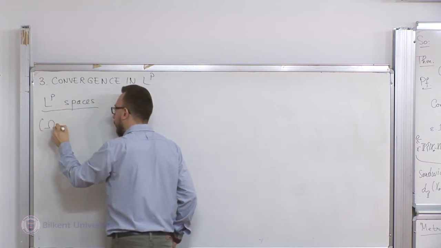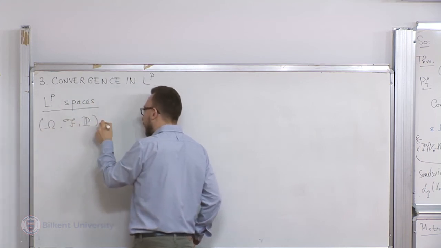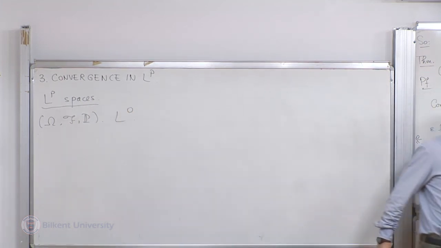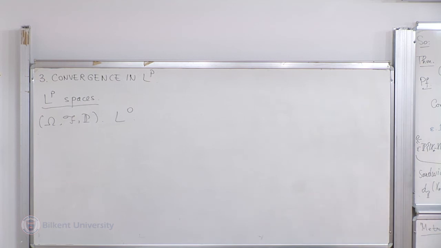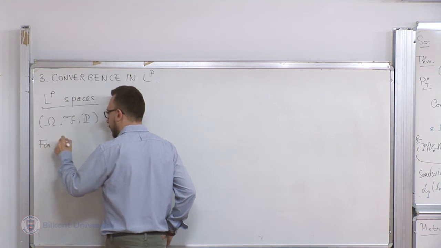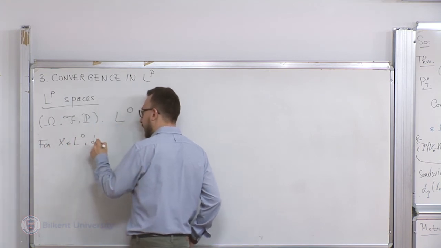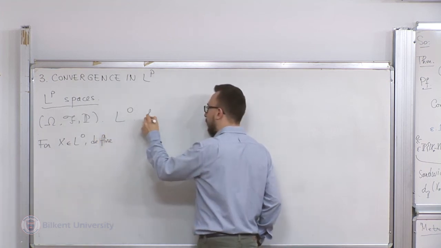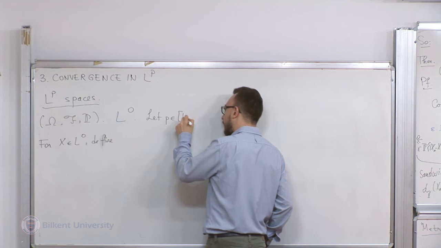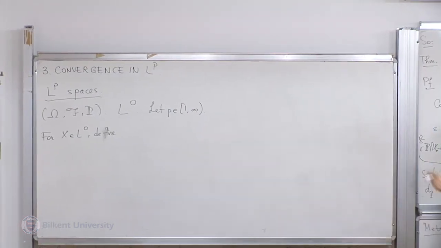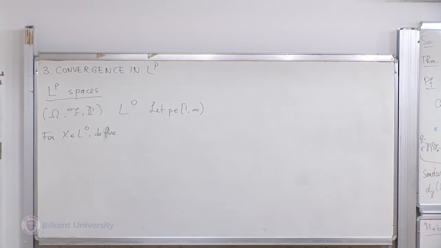So let's say we have a probability space (Ω, F, P), and we have the space L0 of random variables identified almost surely. For x in L0, let also p be some number between 1 and infinity. Let's fix a p. So p is going to be some power. If it's 1, it's going to give us some expectation.